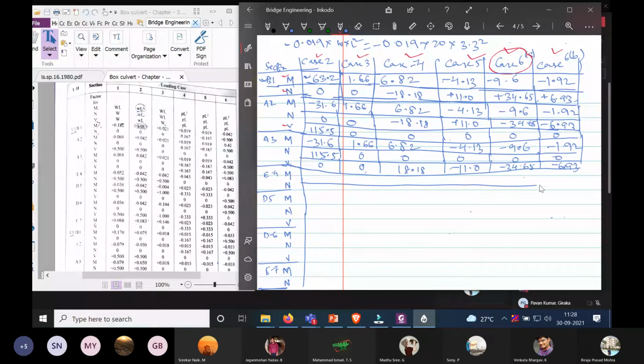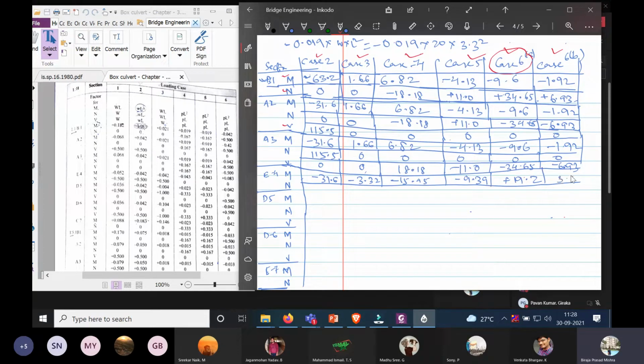For section E4, the moment is minus 31.6, then minus 3.32. Next value is minus 15.45. Next value is minus 9.39. Next value is plus 19.2.